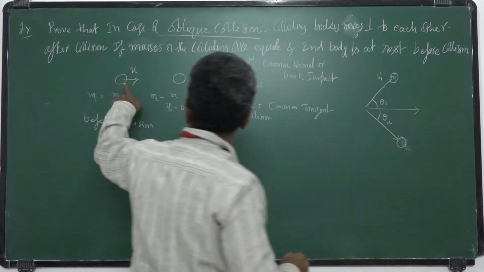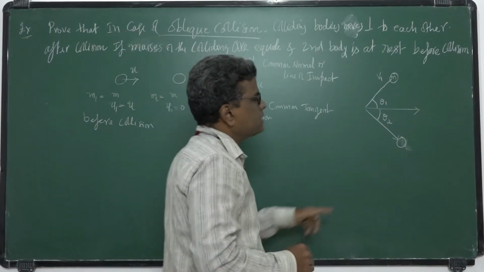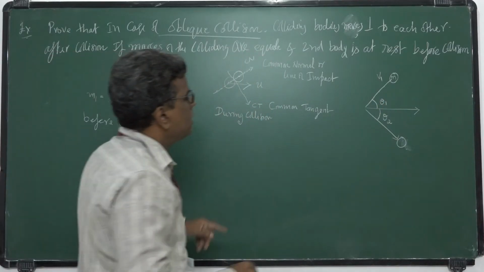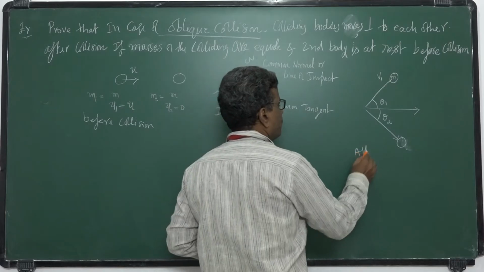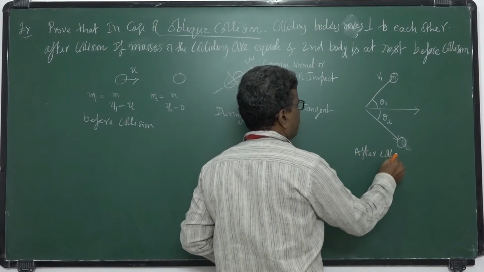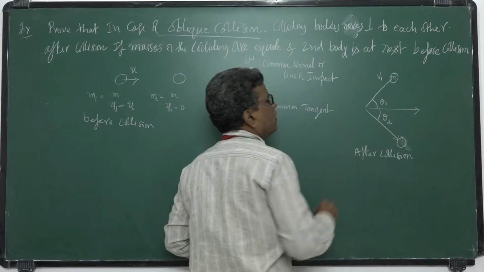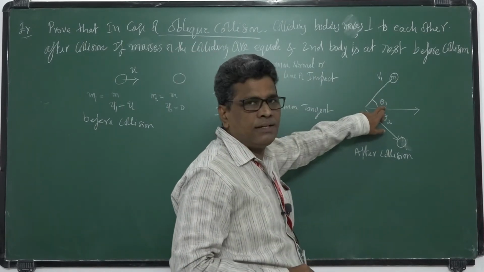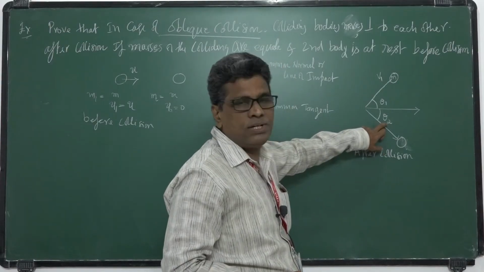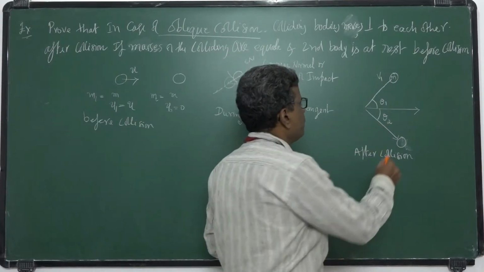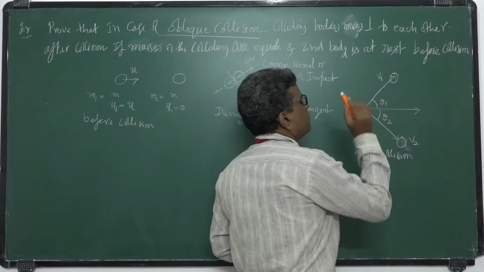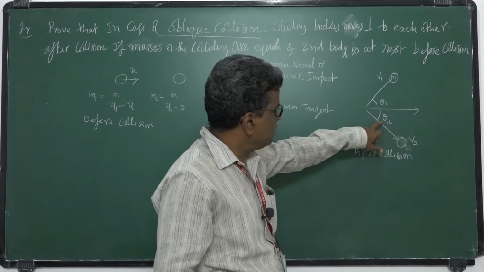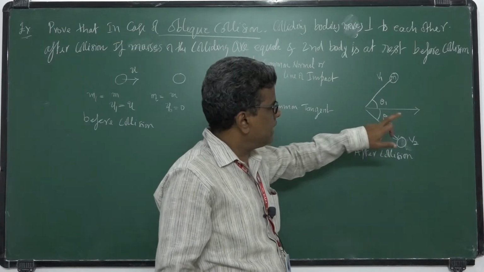The initial direction of motion, I assumed it as the x-axis. So this is after collision. After collision, the first one moves with velocity v1 at an angle theta 1. The second one moves with velocity v2 at an angle theta 2 with the initial direction of motion, that is, the x-axis.